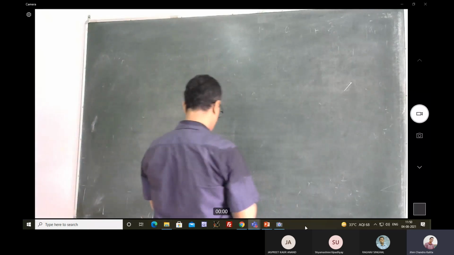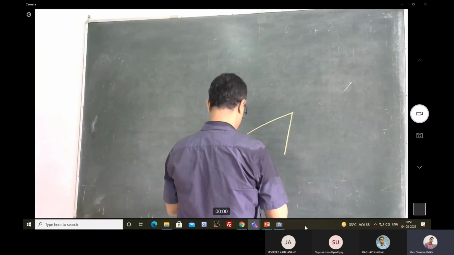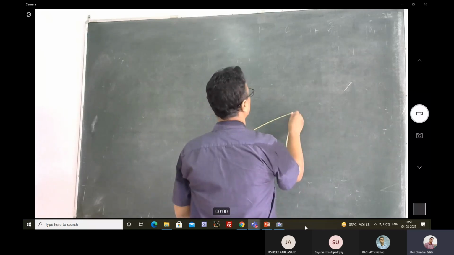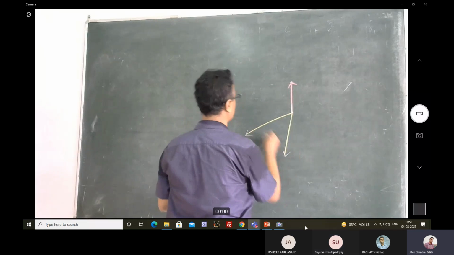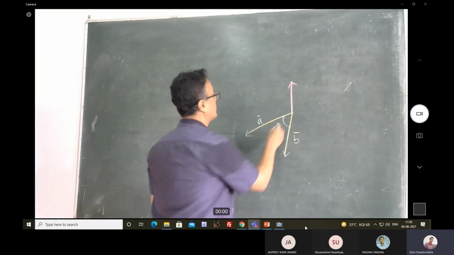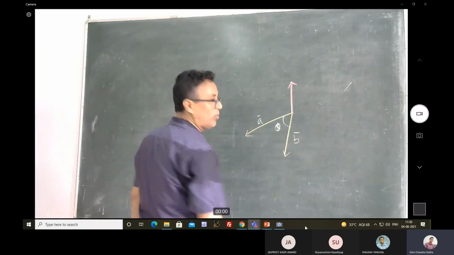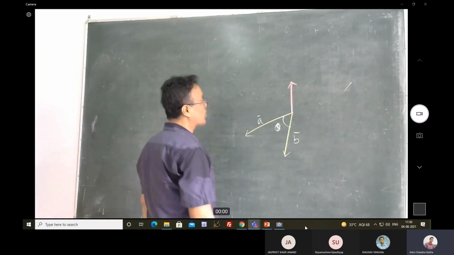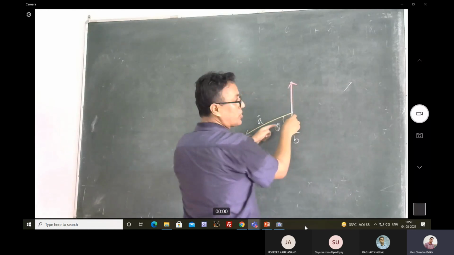Okay, suppose this is vector A, this is vector B, and suppose I am considering their cross product, then I know that it is a vector which is perpendicular to both of them.